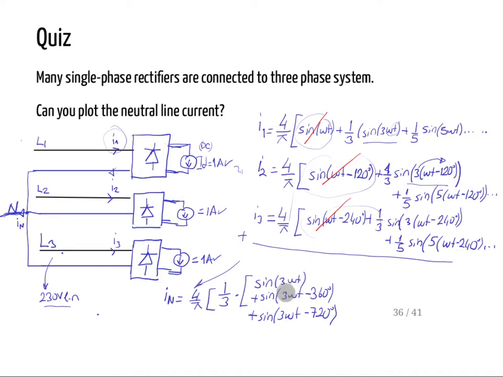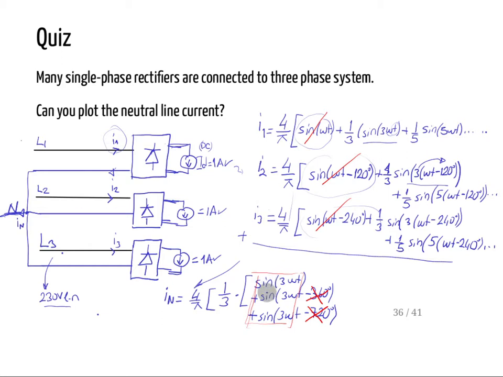For that one, the interesting thing is, minus 360 and minus 720 are the same thing. So we have not canceling each other, but 3 of the same component, and they are adding up.